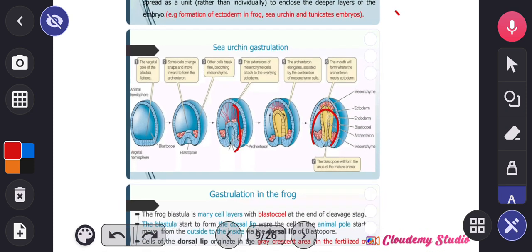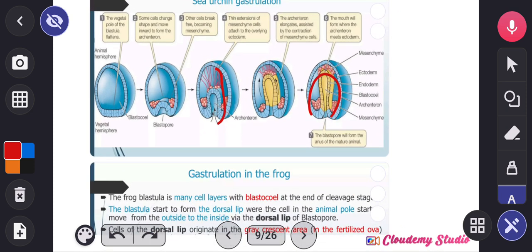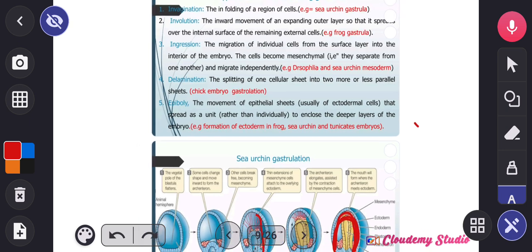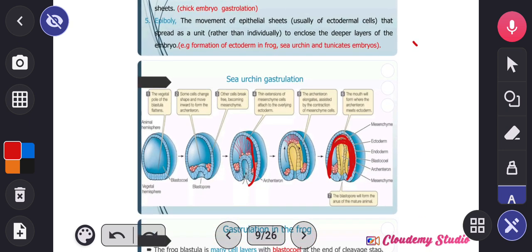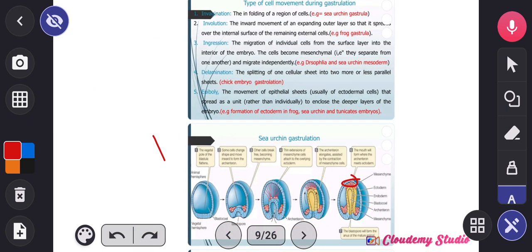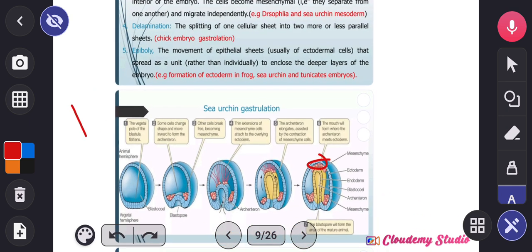Now, the movement of cells within this, spreading across this particular structure, is what we refer to as involution. Then there are cells that are going to occupy certain regions. The cells that are outside are going to go inside. Some cells will go from outside to inside. That is what we refer to as ingression. Now we have delamination.